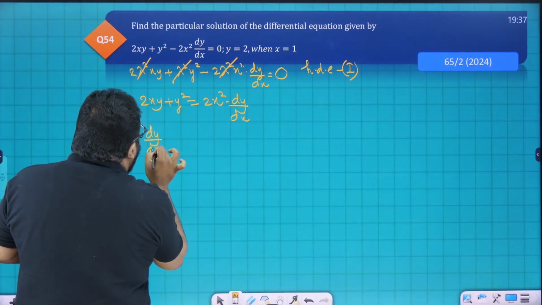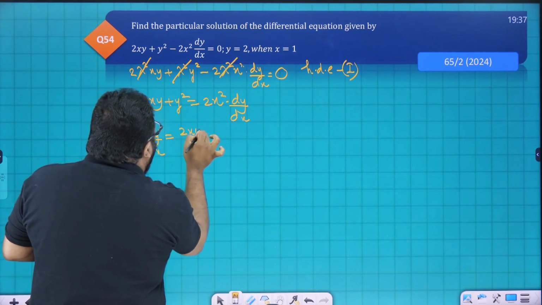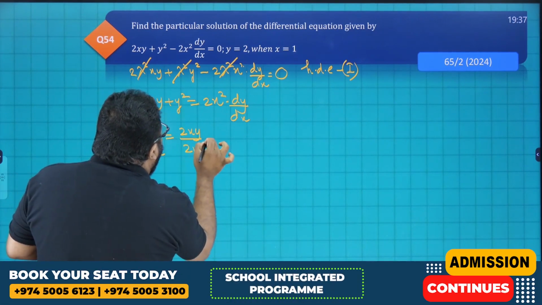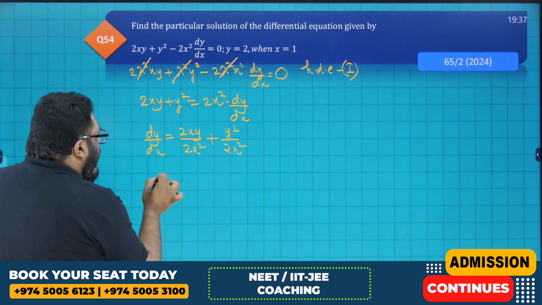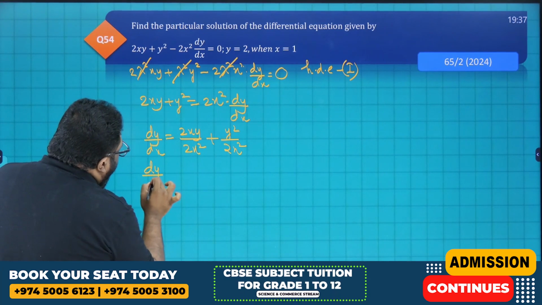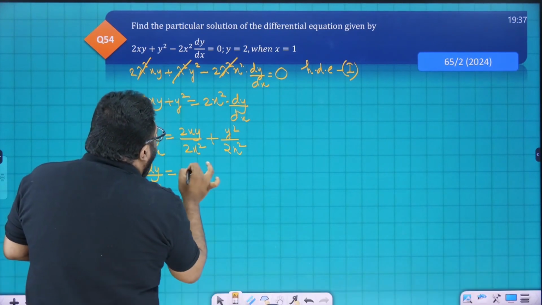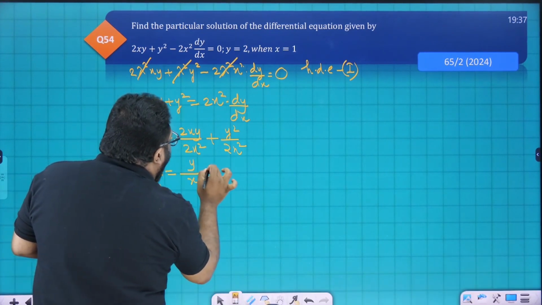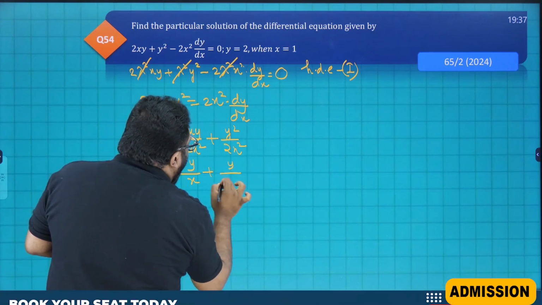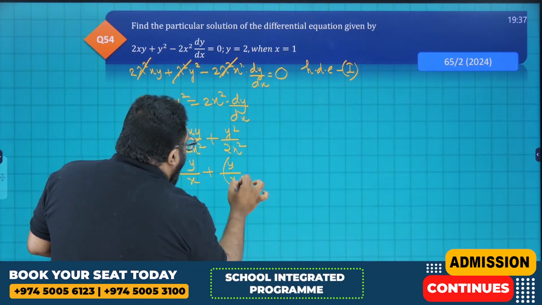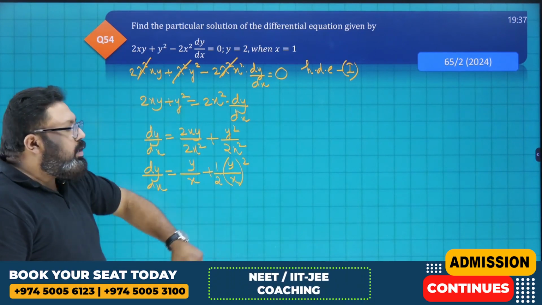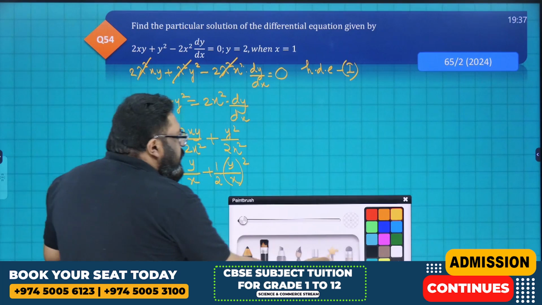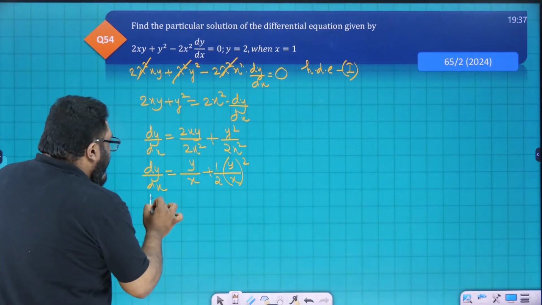So dy by dx is equal to 2xy divided by 2x squared plus y squared divided by 2x squared. So you will get dy by dx is equal to y by x plus 1 by 2 (y by x) squared. All of you, let's go for a substitution.